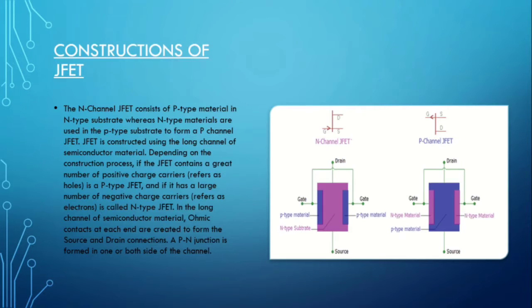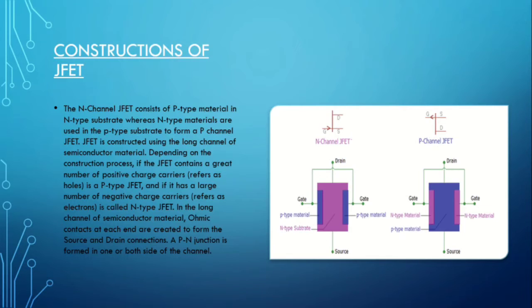Construction of JFET. The N-channel JFET consists of P-type material and an N-type substrate, whereas N-type materials are used in the P-type substrate to form a P-channel JFET. JFET is constructed using a long channel of semiconductor material.